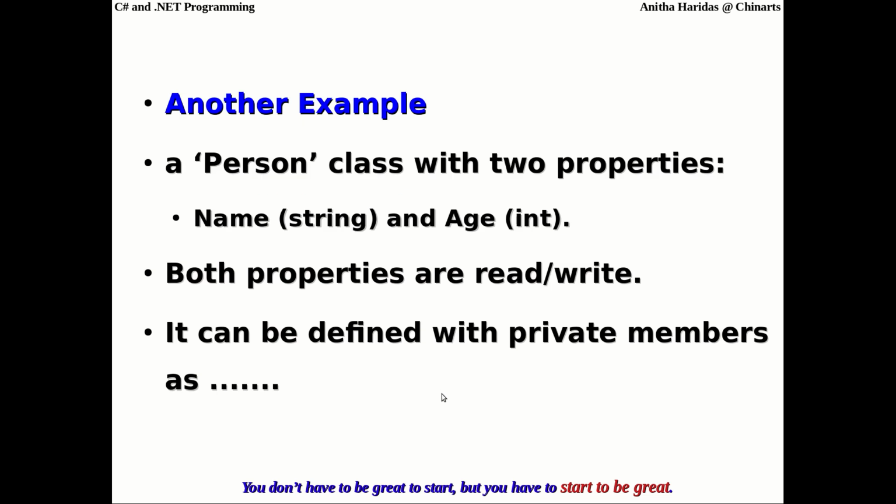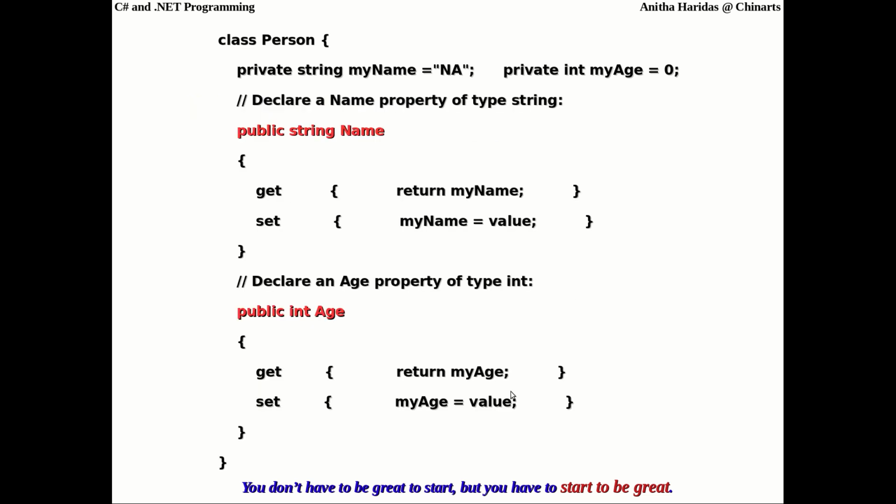Let us see another example. You are going to declare a person class with two properties, name and age, and both the properties are read write properties. It can be defined with private members. I define a class person. I am having a private member for name, another private member for age, and observe here I am using the variable names my name and my age, and I am declaring properties for them.